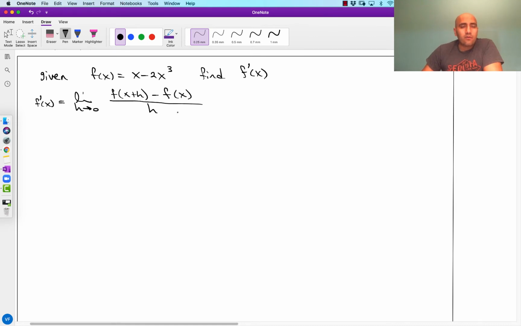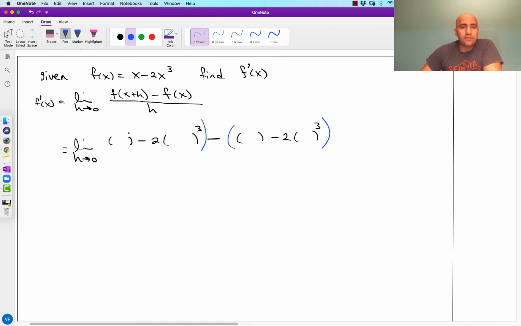Now we're going to evaluate each of these functions at these points. So let's copy this. Limit as h goes to 0 of blank minus twice blank cubed minus, and then we're going to have a blank minus 2 blank cubed. Now we have to be careful because this subtraction applies to all of that.